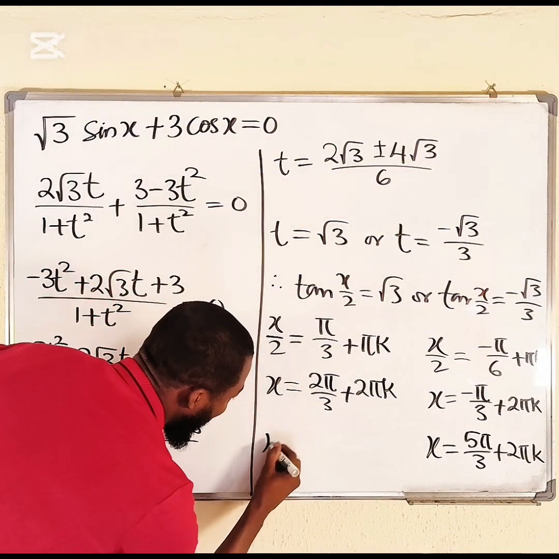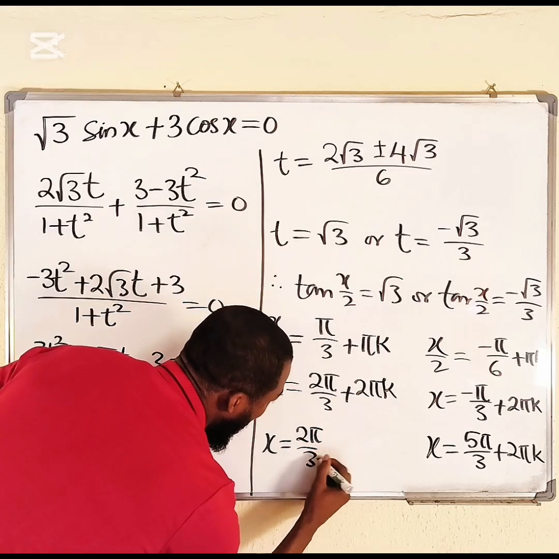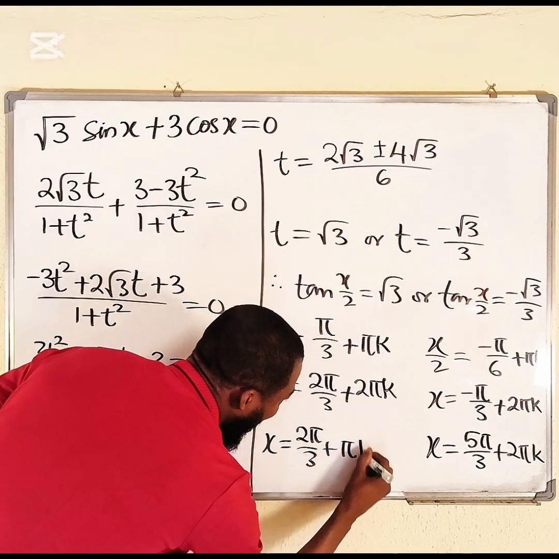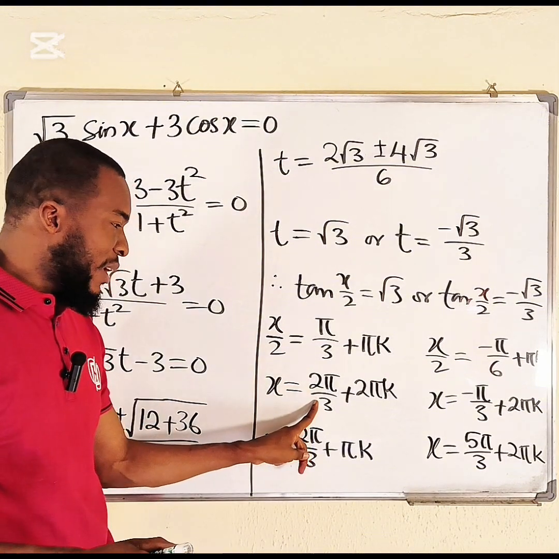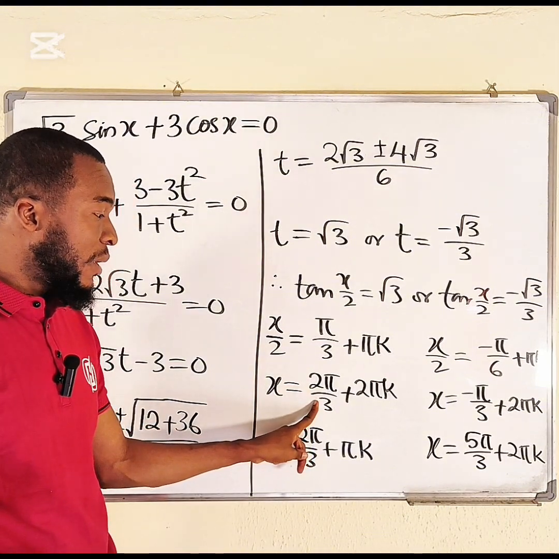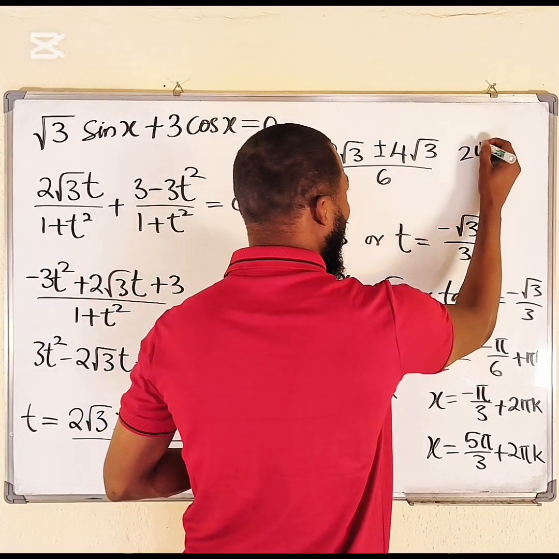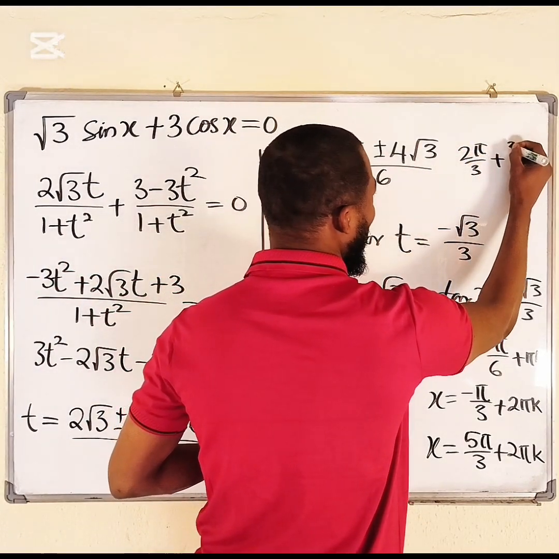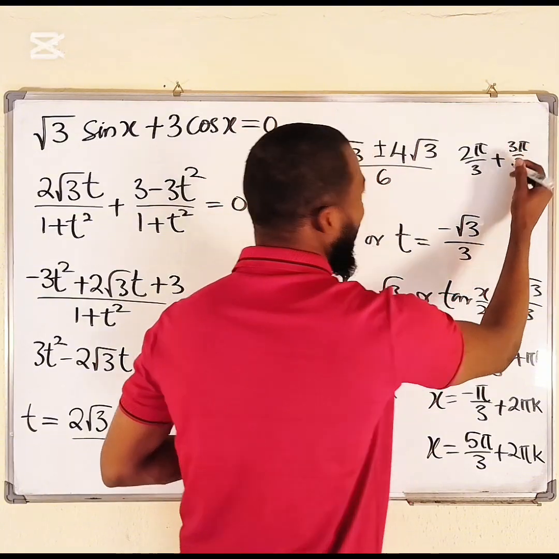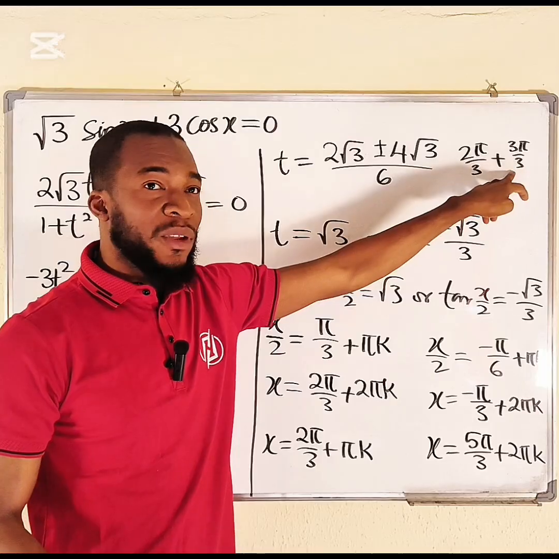So x finally will be equal to just 2 pi over 30 plus multiples of pi, not 2 pi anymore. Because from this, I know that if I add pi, if you want, you can try it. 2 pi over 30 plus pi is the same thing as 3 pi over 30, right? Yeah, I just rationalize it to make it the same denominators.